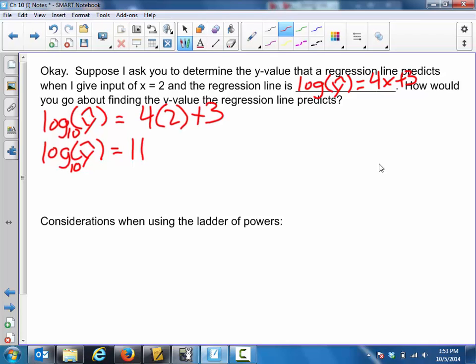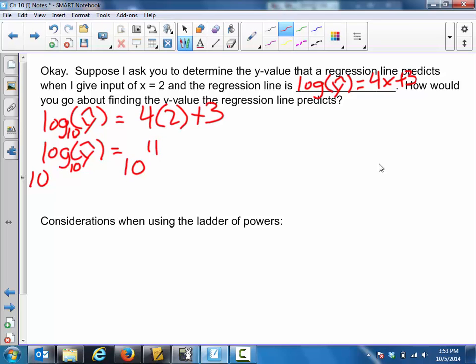Actually, students tend to prefer the following. Don't worry about the rewrite. If log base 10 of y is equal to 11, we can say 10 raised to that power must be the same as 10 raised to this power. Why? Because those two powers are equal. We just said that in the equation before we threw in the 10s.